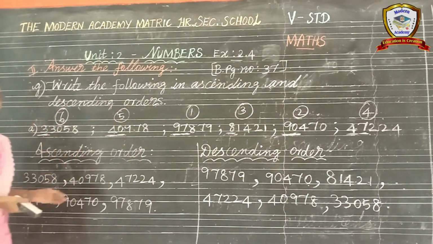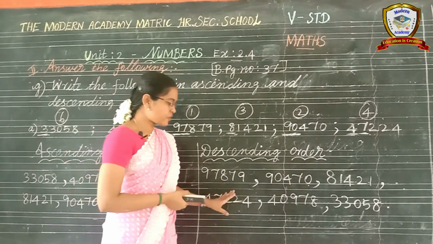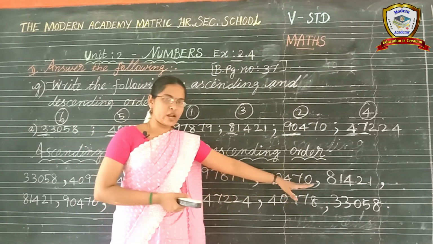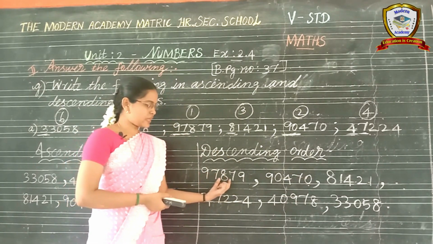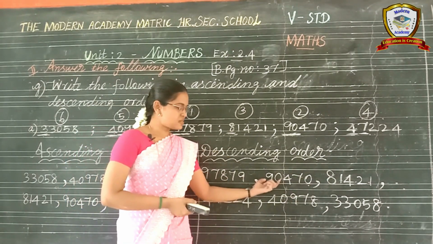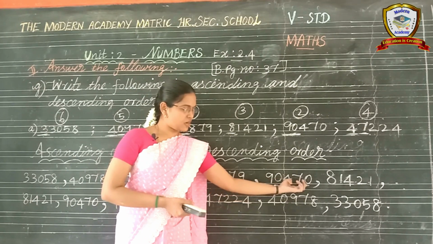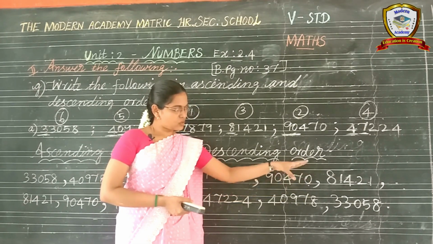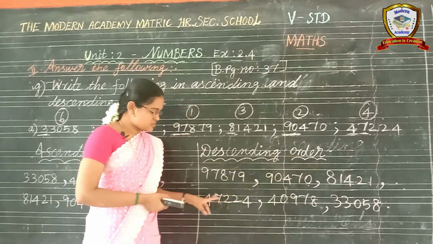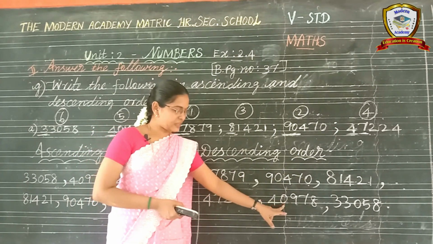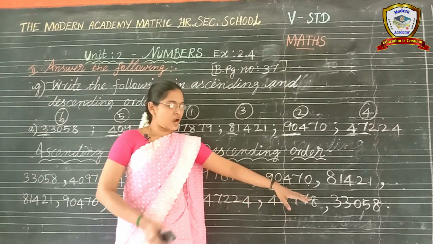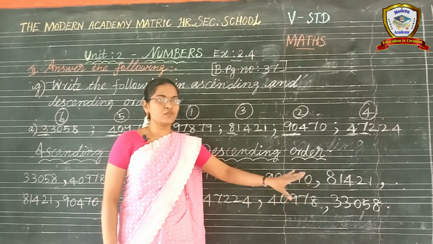So in descending order, listen, we arrange the numbers from bigger number to smaller number. First bigger number is 97,879. Next 90,470. Next 81,421. Next 47,224. Next 40,978. And last one 33,058.